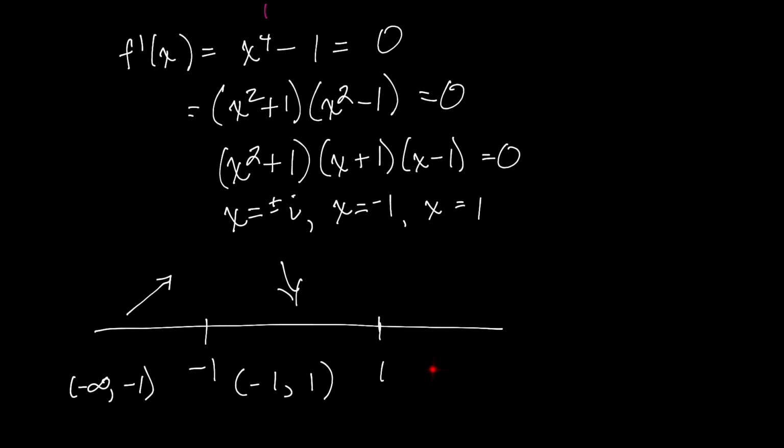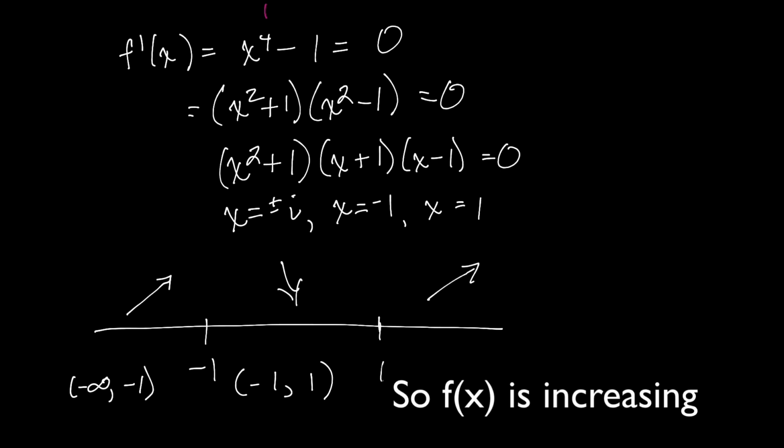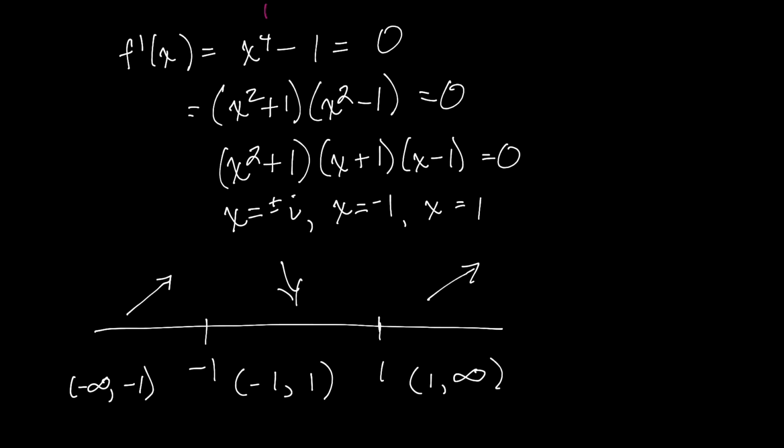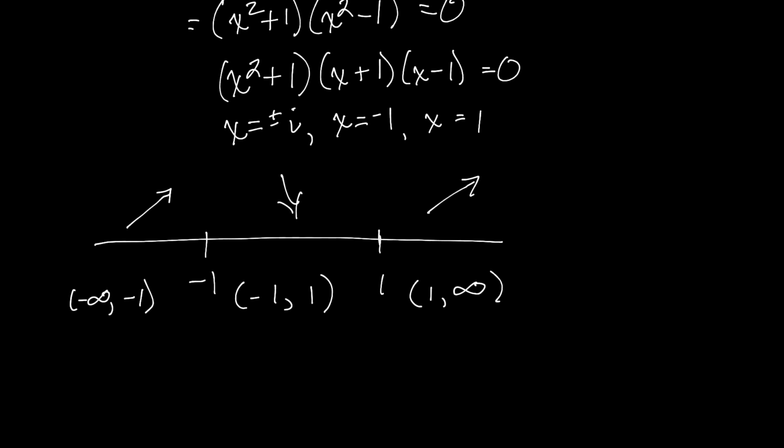Say we pick a 2. 2 to the fourth is 16, and 16 minus 1 is 15, so it's positive. That means we are increasing in this neighborhood, from 1 to infinity. So this is increase, this is decrease, and this is increase.